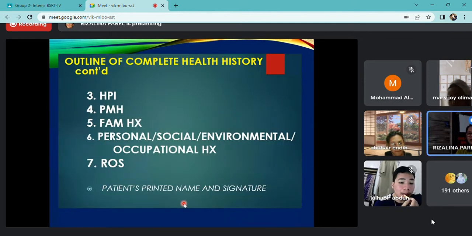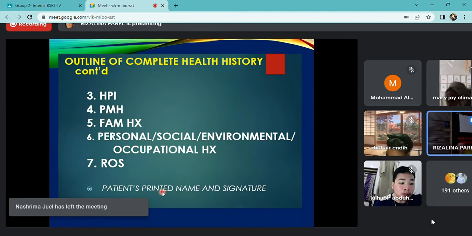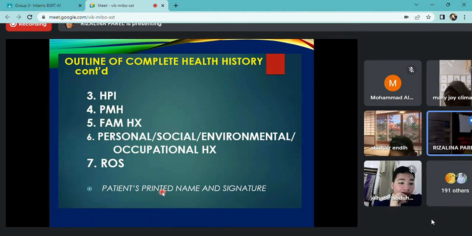Then we have here the history of present illness. For the history of present illness, we should ask the patient according to onset. Yung time, type ng sakit, chest pain, yung onset niya ng oras, ano yung naramdaman ng pasyente.